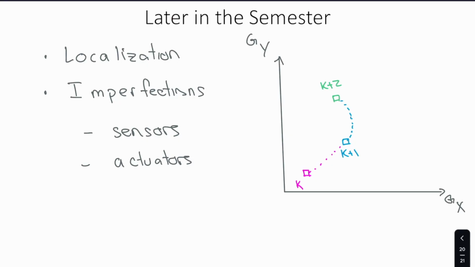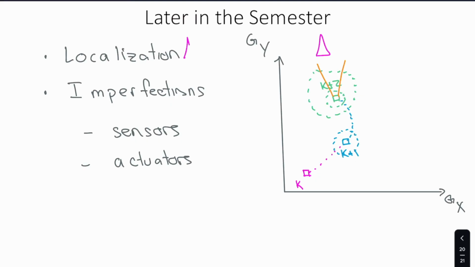When we start to take into account these imperfections, what we'll realize is that we don't know exactly where we are. Instead, we sort of have a general idea that we're somewhere within this bubble. And then over time, that bubble will get a little bit larger until we see something. So for example, maybe there's some landmark here in the distance, and maybe our robot's camera can see it, and so it knows more precisely where it is, and we can shrink this bubble down.